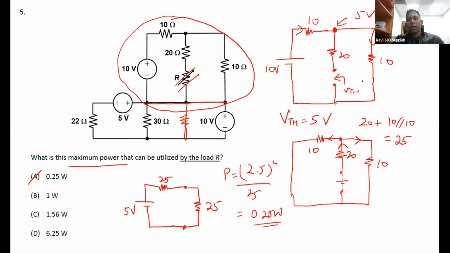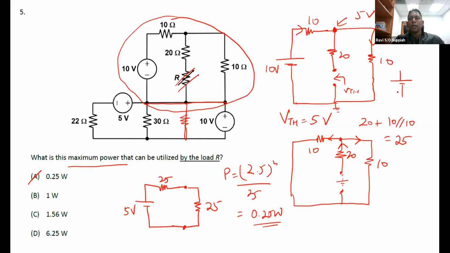What I'm interested in is VTH over here, so we are trying to see what is the voltage at this point. This point is connected to the negative over here, so we say that this is the ground reference. With reference to this point, here is positive, so we calculate 5 volts. That is why we draw the source this way.